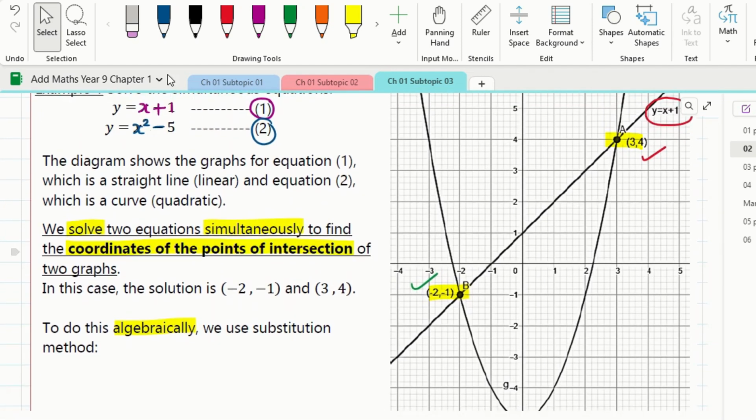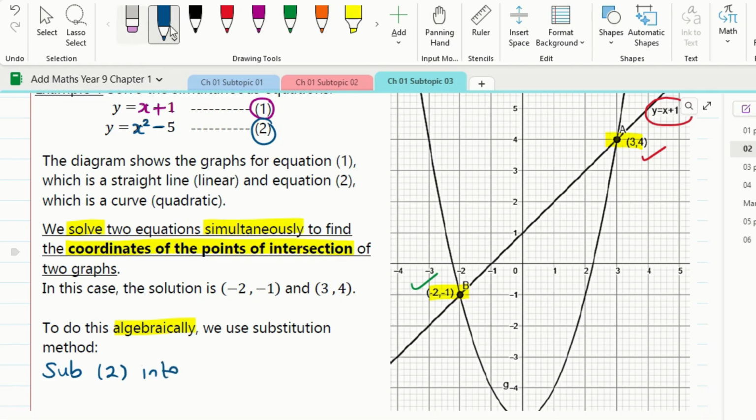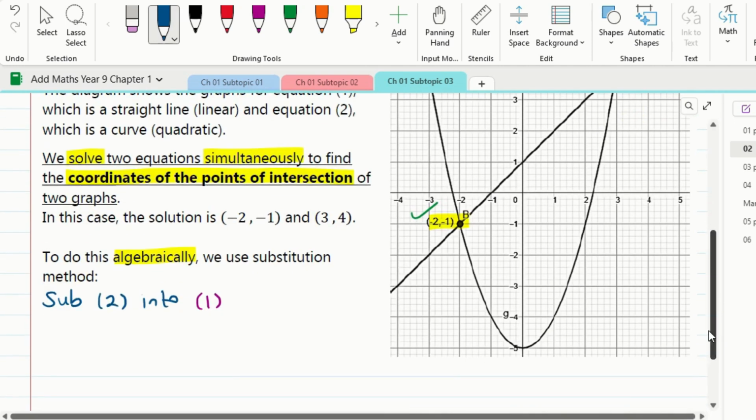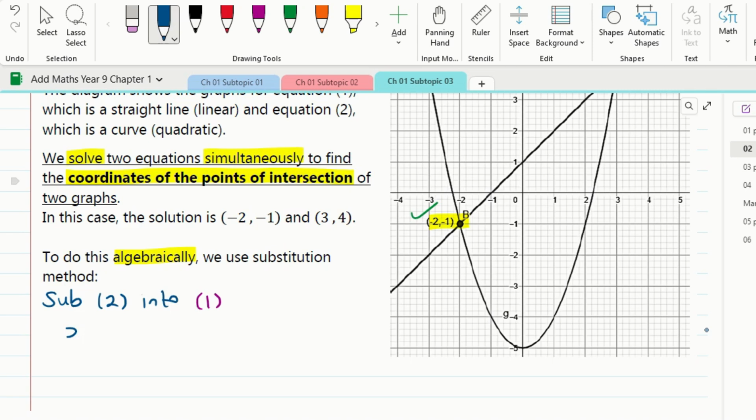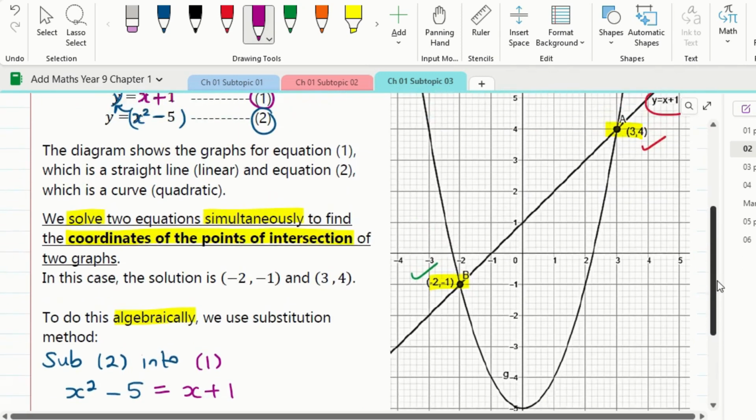So for example, let's substitute equation number 2 into equation number 1. x squared minus 5 will be substituted into equation number 1. So what you have on the left hand side is x squared minus 5 equals equation number 1, which is x plus 1. This is one of the simplest substitutions.